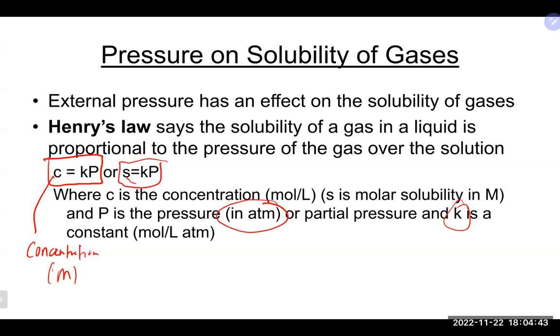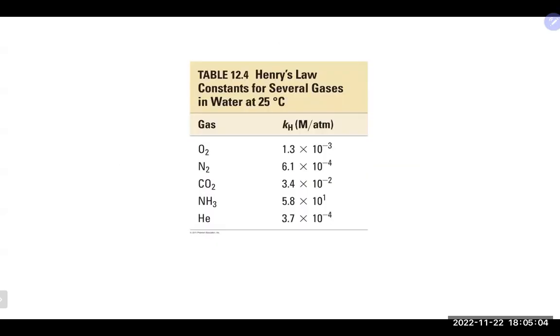The only difference is the S stands for molar solubility, which is a fancy way of saying molarity as well. So molar solubility is what the little S stands for. The other part's the same, the K and the P. So here's a table of Henry's law constants. Like I said, you would look them up based on the actual gas that you're dealing with.